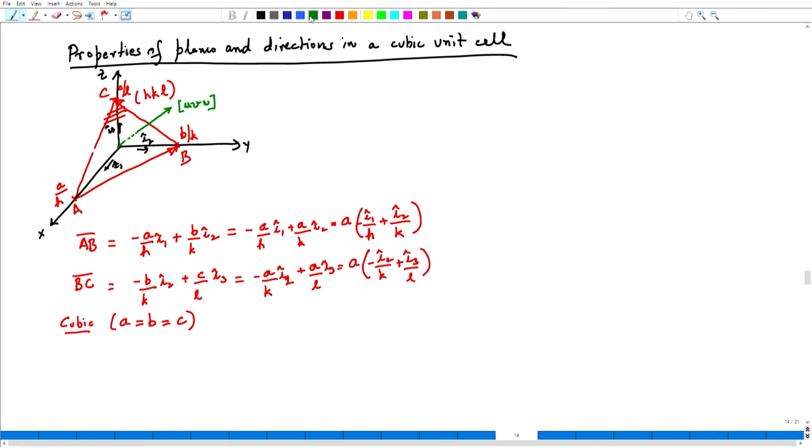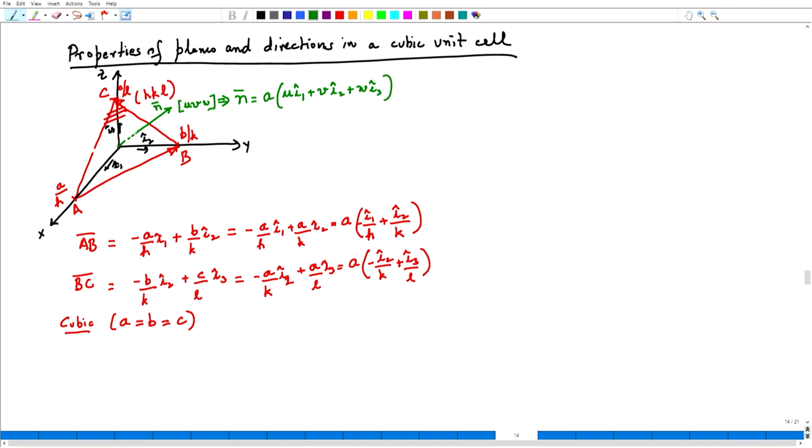So, let me write down this normal vector n; I can take a out and write it as u I1 plus v I2 plus w I3.